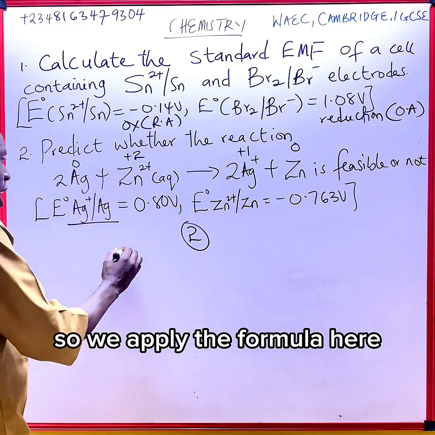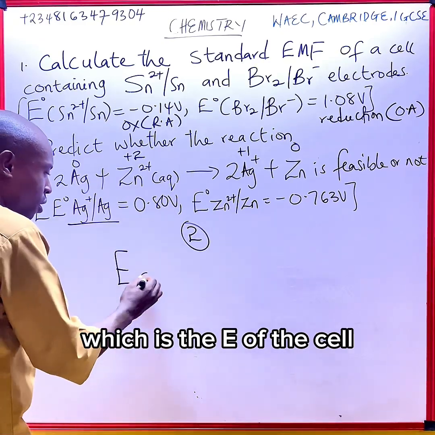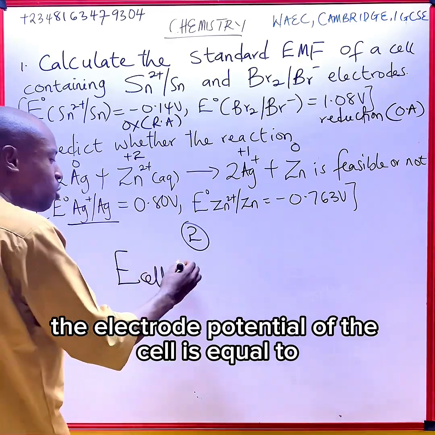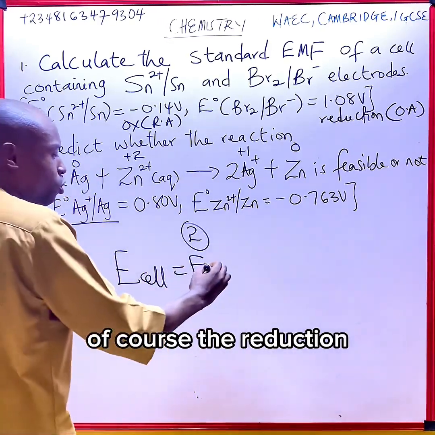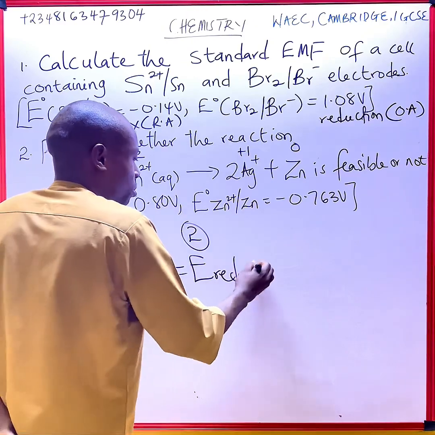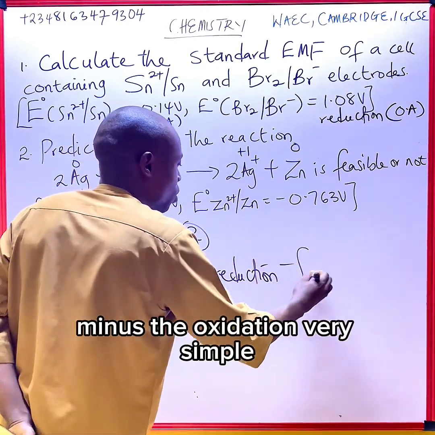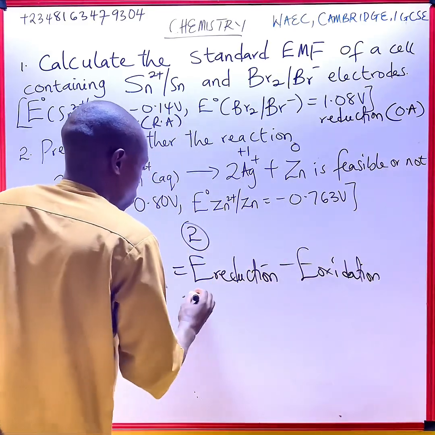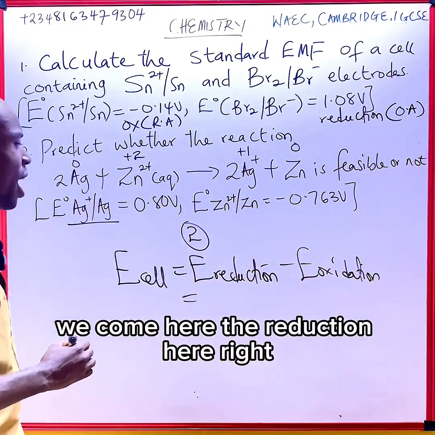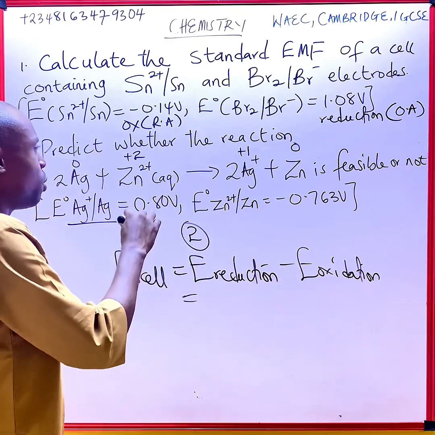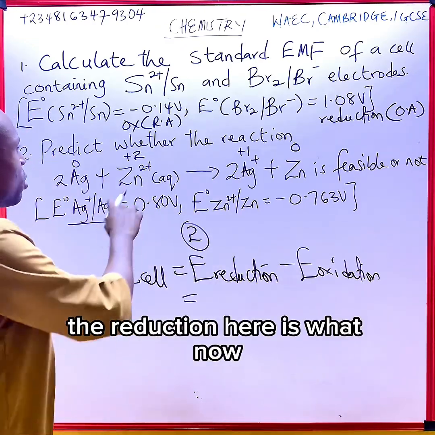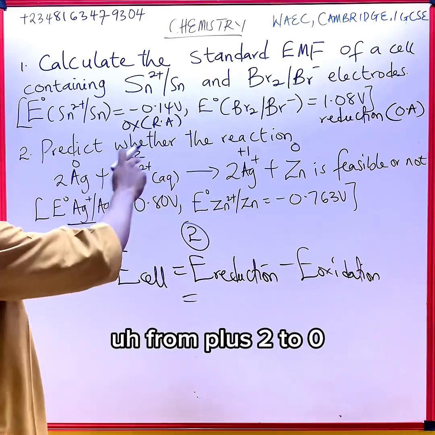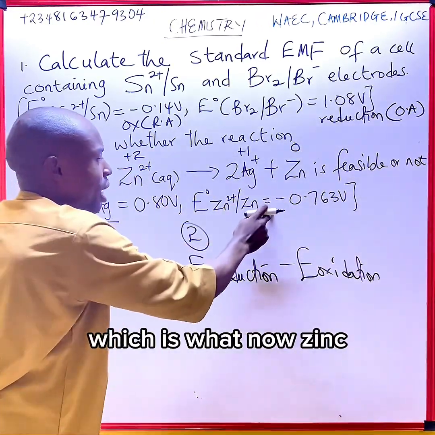So we apply the formula here, which is the electrode potential of the cell is equal to the reduction minus the oxidation. Very simple. So we come here. The reduction here is from +2 to 0, which is zinc.